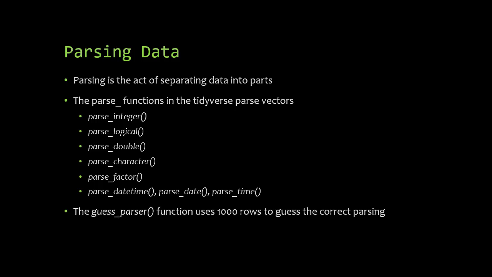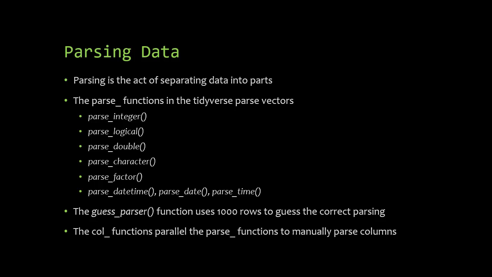The guess parser function will use 1,000 rows to guess the correct parsing. And the column functions parallel the parse functions to manually parse columns. So whereas the parse underscore functions are for a vector, the column functions also are for a vector, but a vector that's a column in your data. And it will do the same thing as the parse functions on those columns.